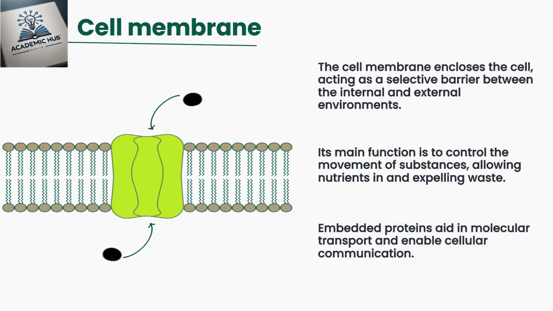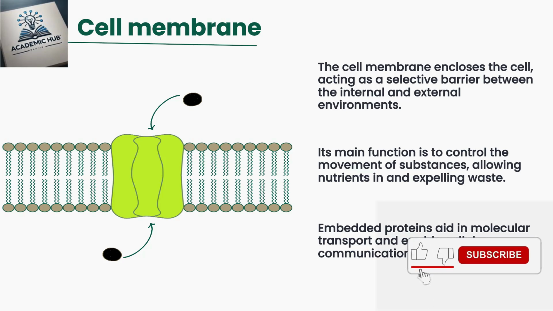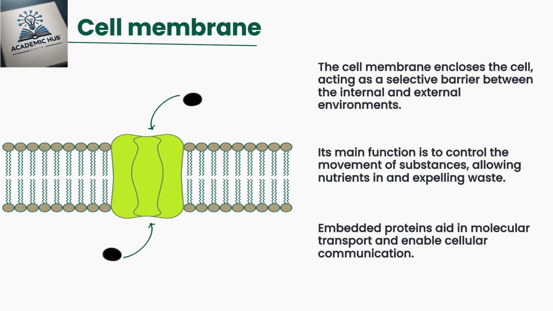Similarly, the immune system relies on cell membrane receptors to detect pathogens. Cells like macrophages have receptors that recognize molecular patterns commonly found on pathogens. Once these receptors bind to the pathogen, the cell can initiate an immune response, engulfing and destroying the invader.